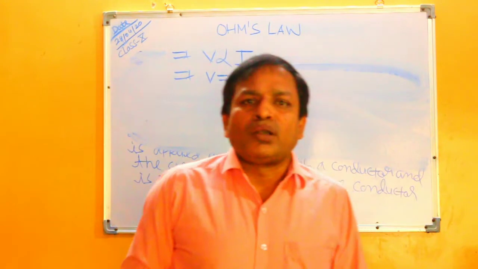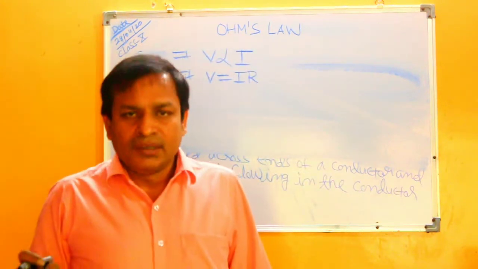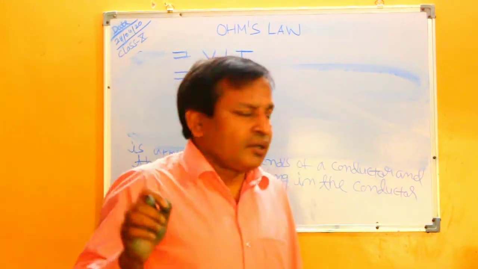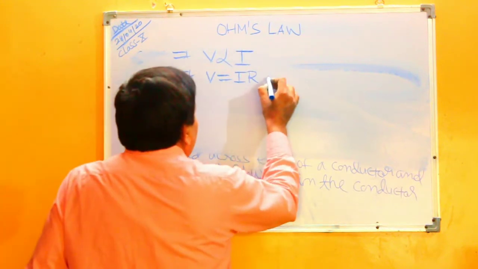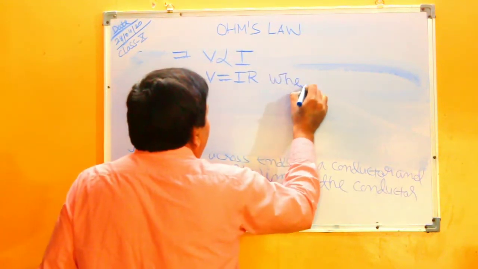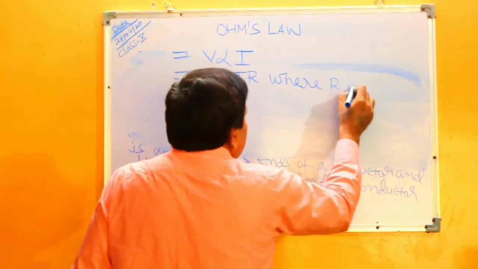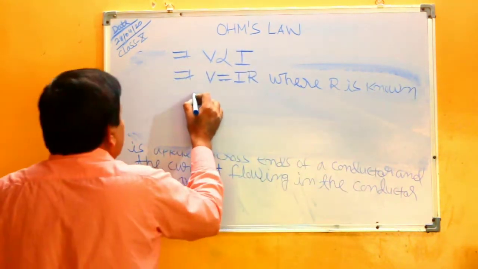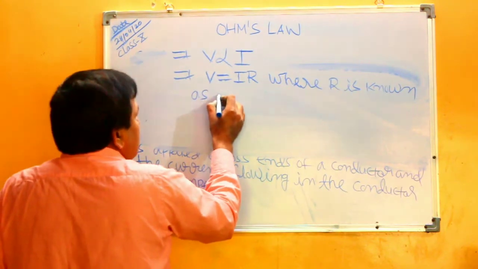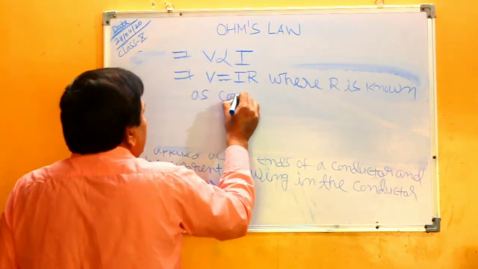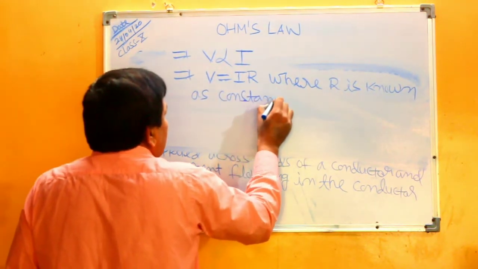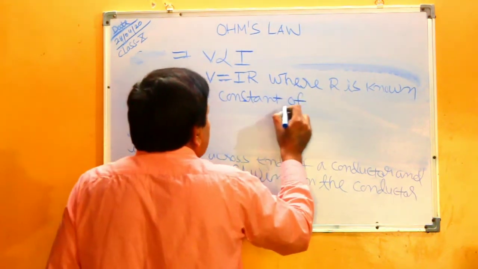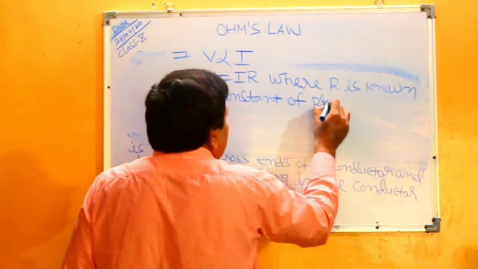where R is a very important quantity that is known as the resistance of the conductor, where R is known as the constant of proportionality.